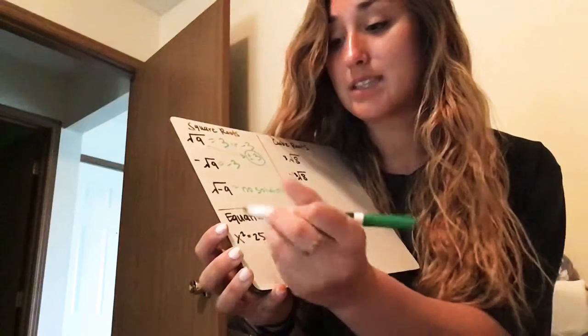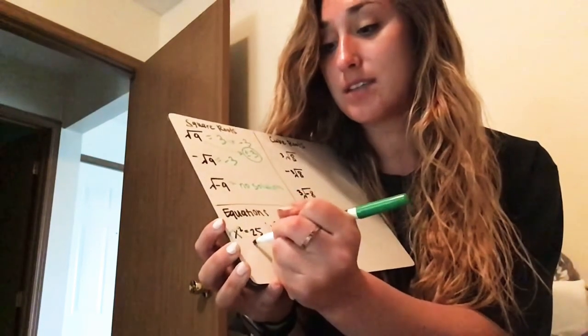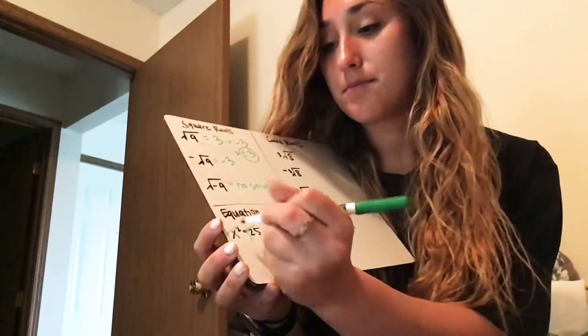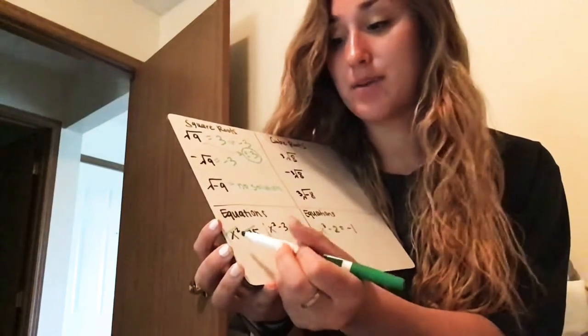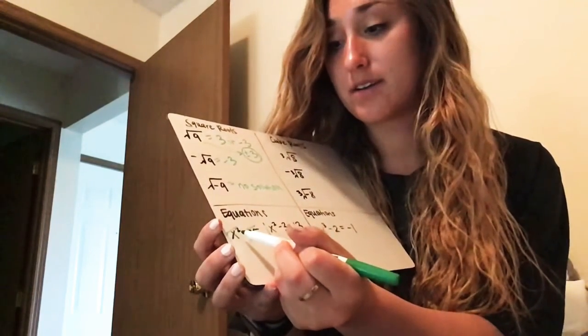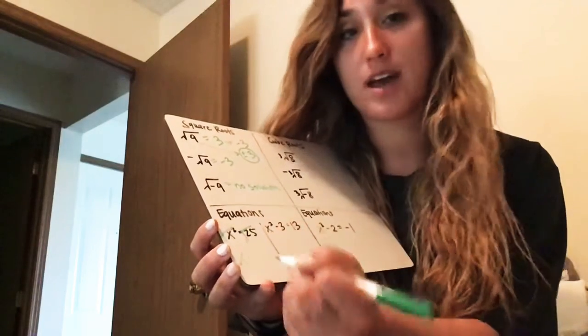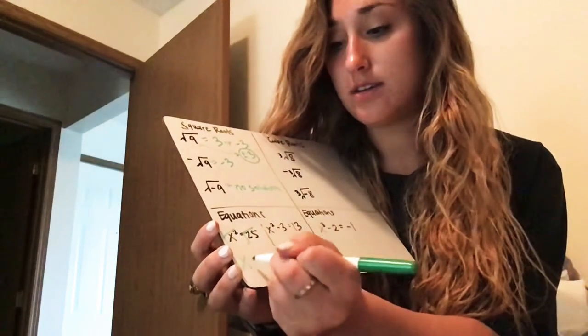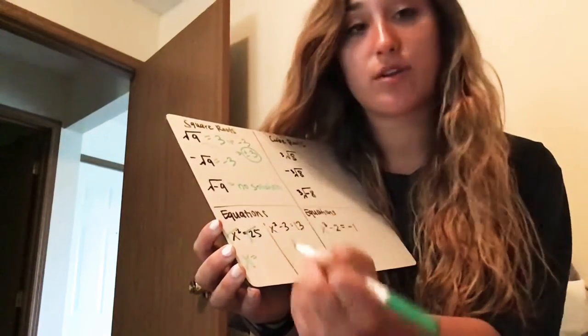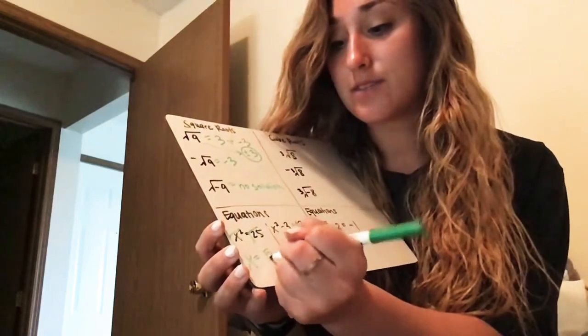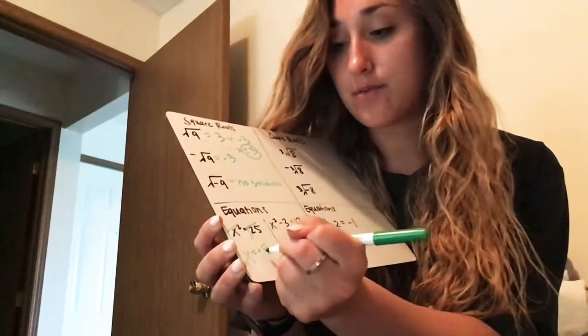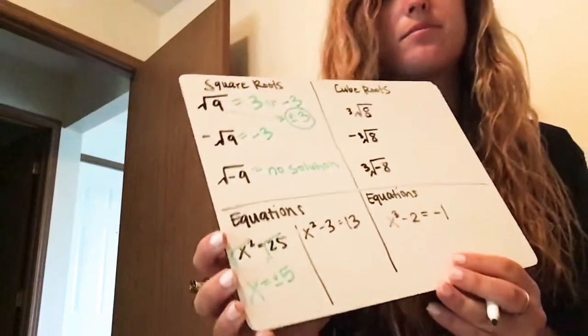So to get x by itself we would square root both sides. That would give us x by itself, because if you square a square root that leaves us with just x. And the square root of 25 is 5 or negative 5. So again, we write our answer like that, plus or minus 5.